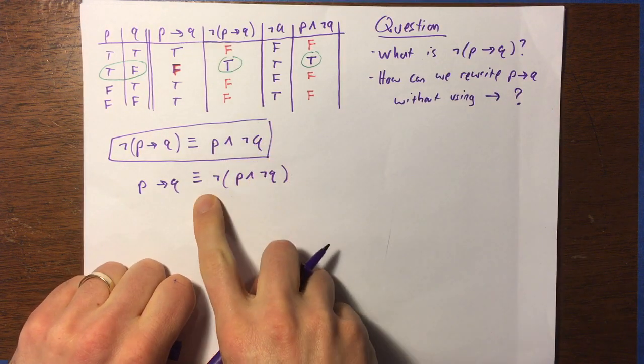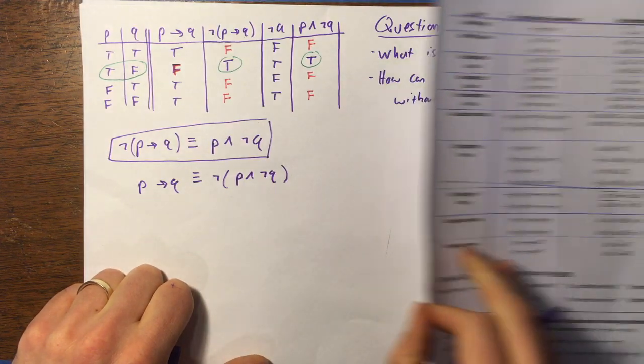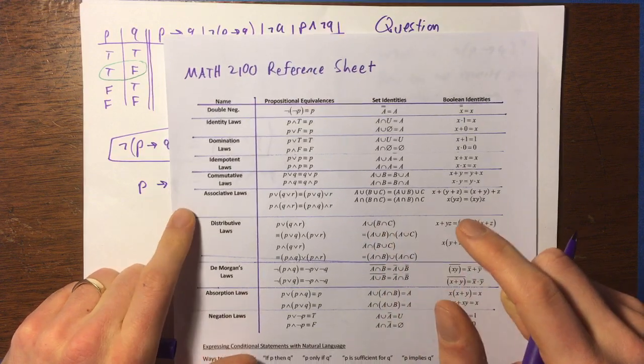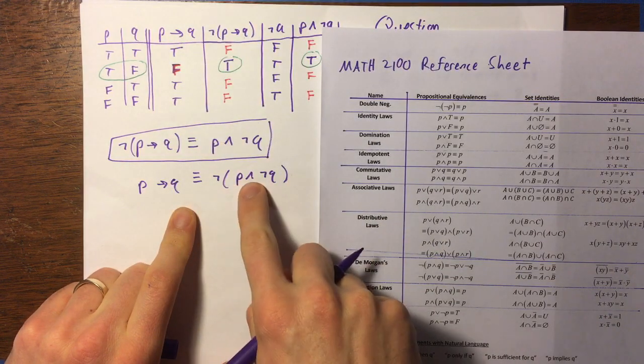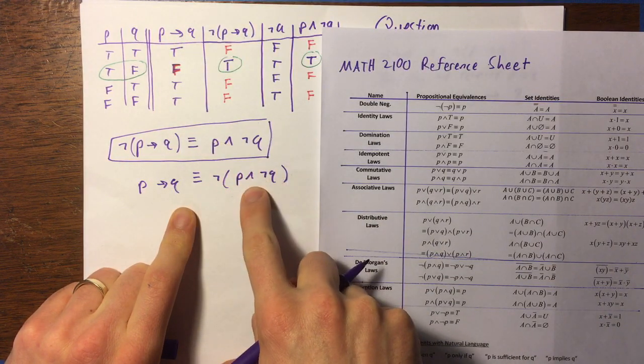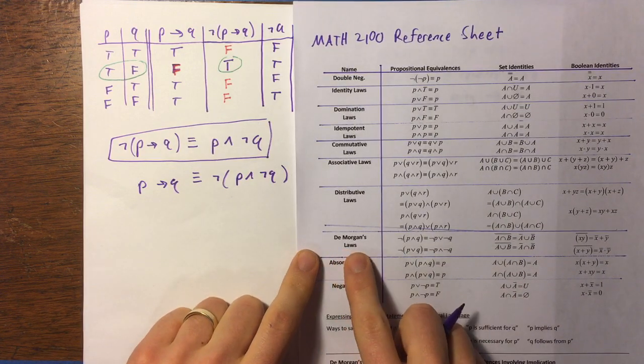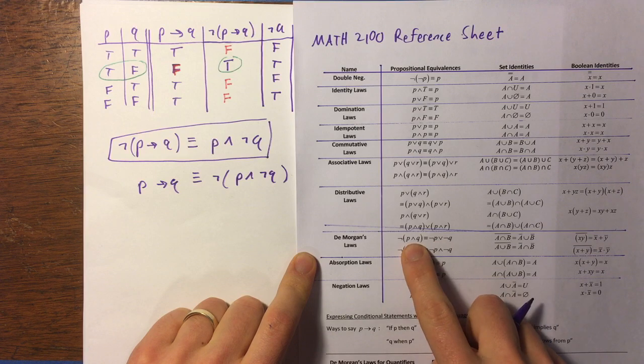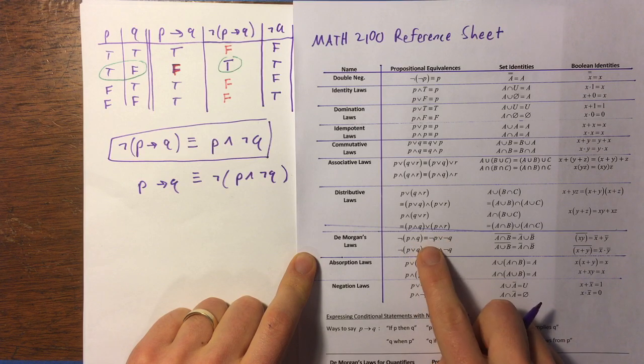And now what we want to do is try to simplify this using some of our rules. So let's pull out our reference sheet. We want to negate P and not Q. So we're trying to negate this conjunction. Now we have a rule for that. It's De Morgan's law. When you negate a conjunction, you get a disjunction, so the and is going to become an or, and then we negate both parts.